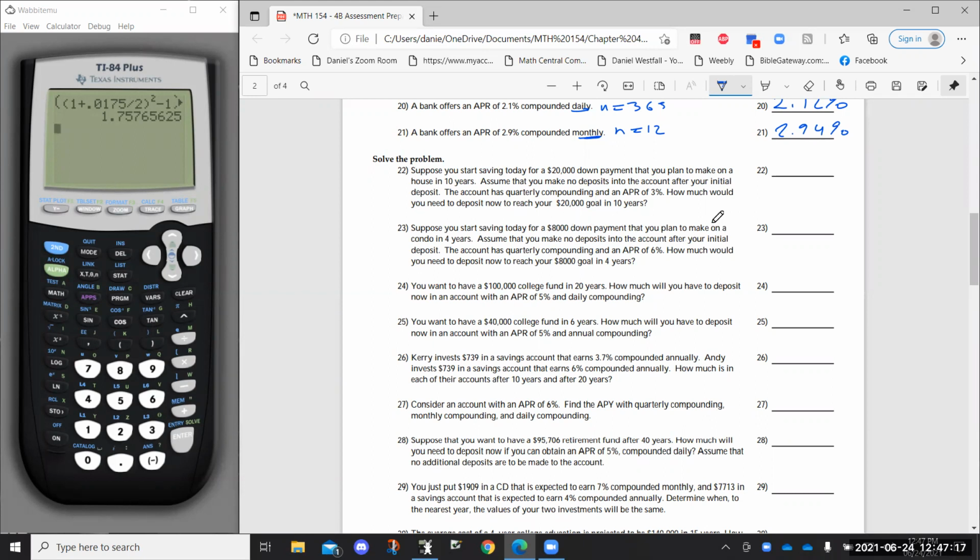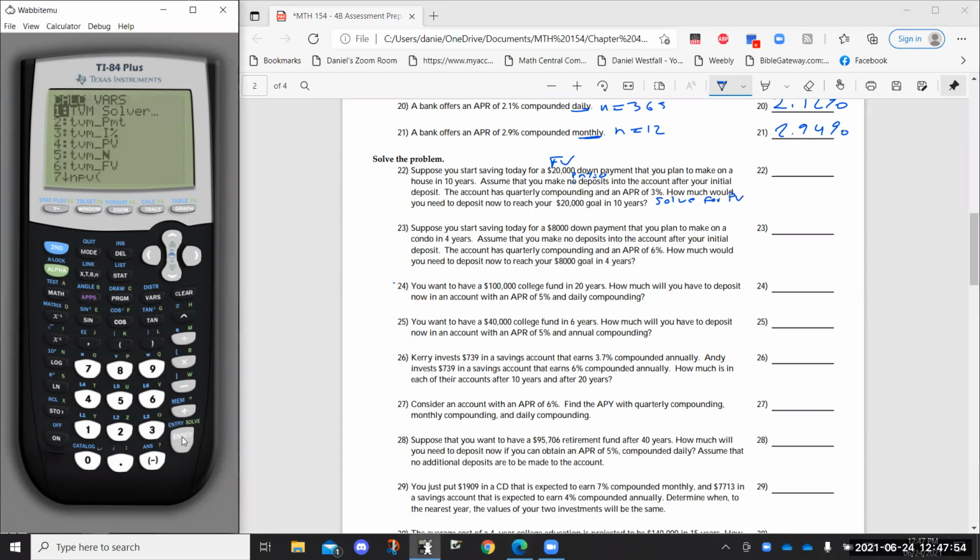So how much would you need to deposit now to reach your goal in 10 years? So we're solving for P, for your present value, right? If you want the future value to be 20,000, this is your future value, and no deposits, so PMT is equal to 0. That's what they're saying. You're not making any monthly payments. APR is 3%.